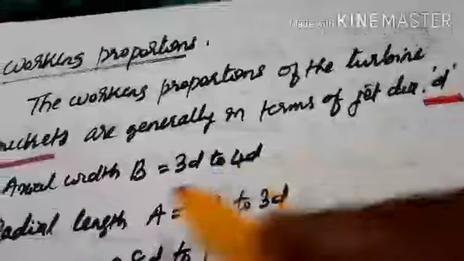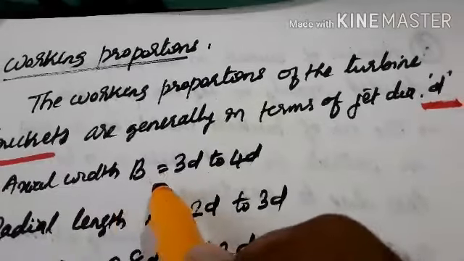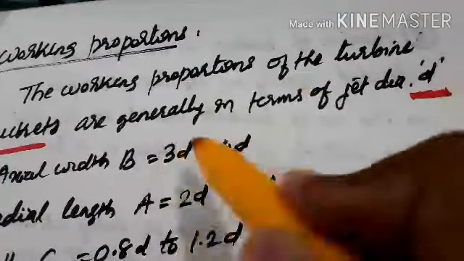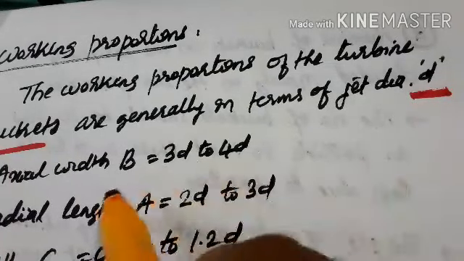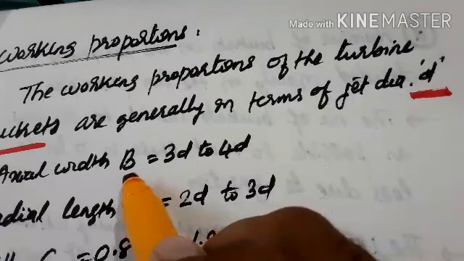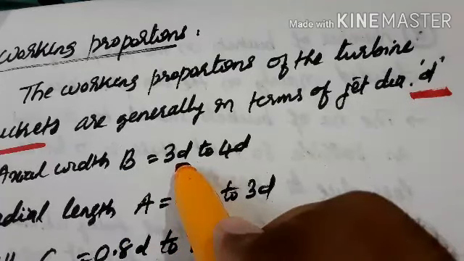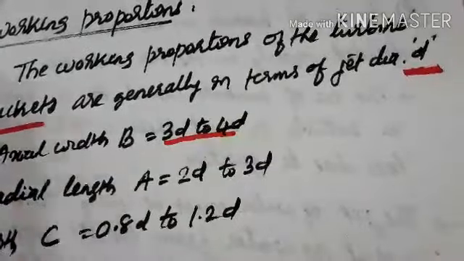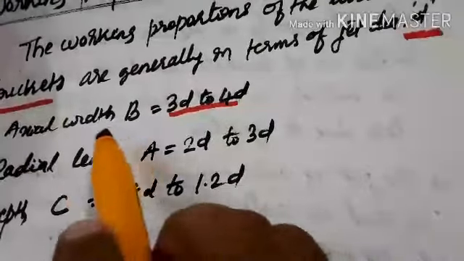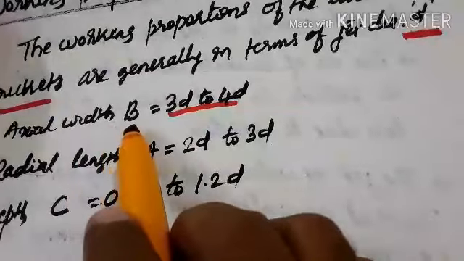Generally the axial width B is expressed in terms of jet diameter. It is taken as 3 times the diameter of the jet to 4 times the diameter of the jet, for smooth operation.